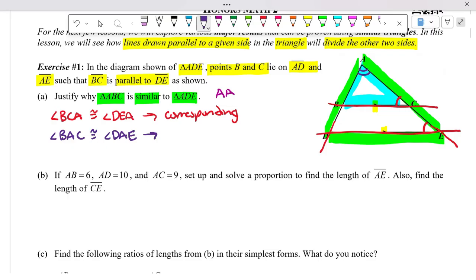What property tells us that that angle is congruent to itself? It's reflexive. The reflexive property, meaning it's in the exact same spot, not just shifted down. It's the exact angle, exact same position. So this is the reflexive property.